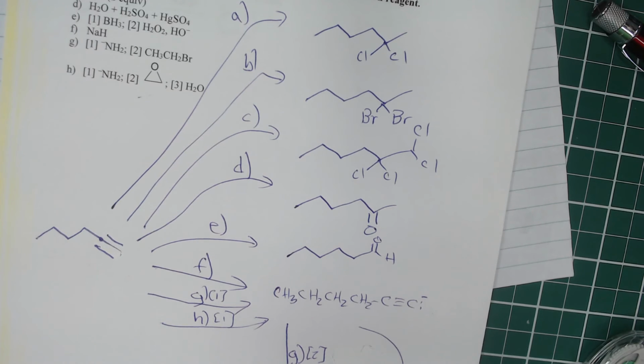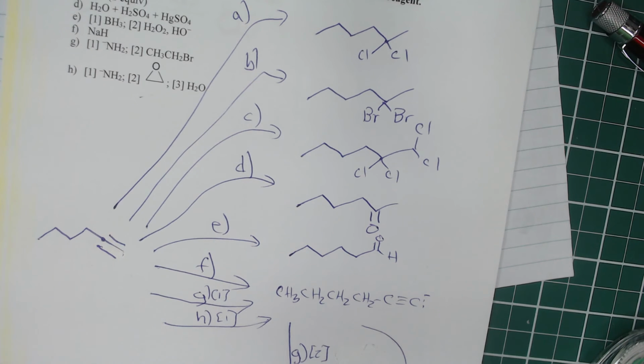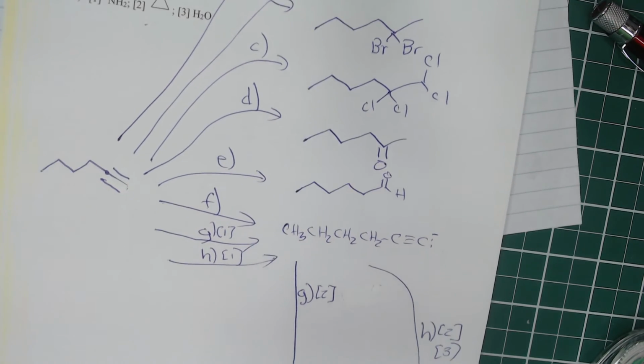So we got CH3, CH2, CH2, CH2, carbon triple bond carbon, CH2, CH2OH. And I'm going to put 2 and 3. 2 actually gets the alkoxide, and 3 gets us the alcohol. And so that would be that particular product.